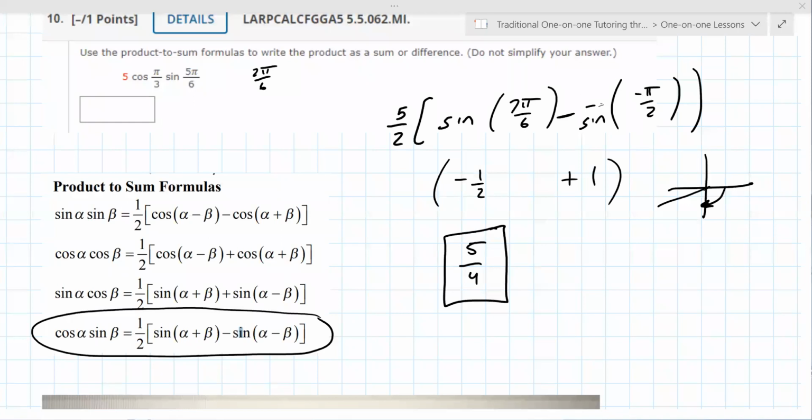Wait, I think I did something wrong. 7 pi over 6 is negative 1/2? Yes, exactly. And then plus 1. So I get 1/2 times 5 halves, because there's a 5 to start, and then the formula has a 1/2 in it.